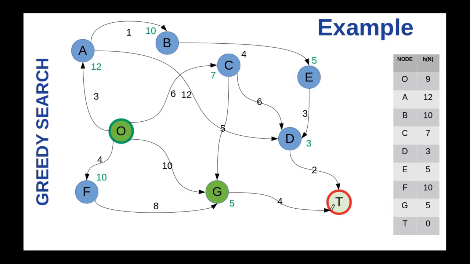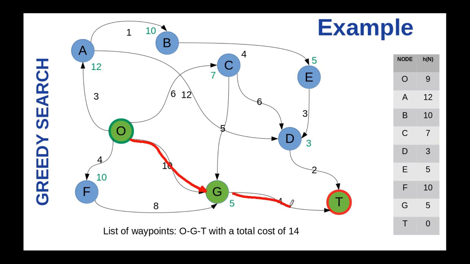So we go directly to the target. Fine, so at the end, the list of waypoints of this minimum cost path according to the greedy search algorithm is O, then G, and then T, with a total cost of 10 plus 4, which is 14.